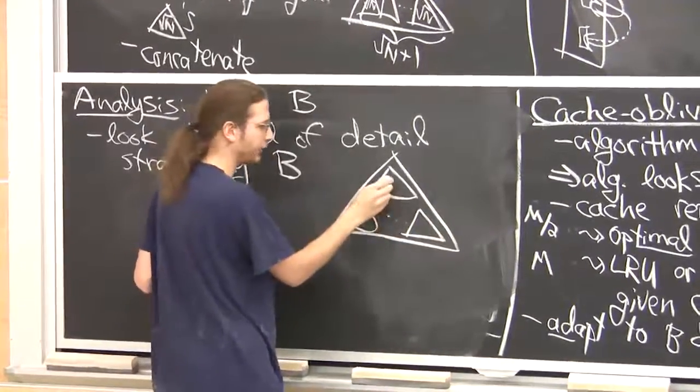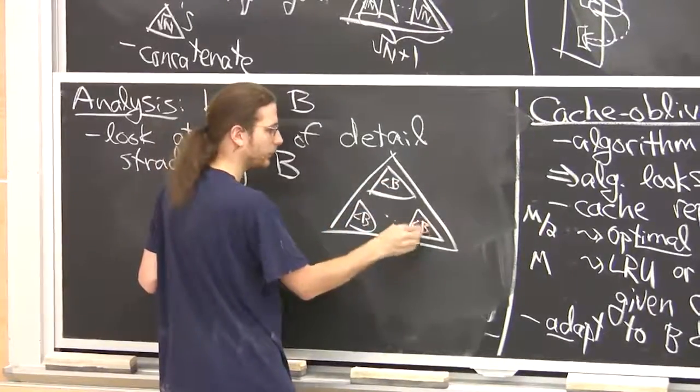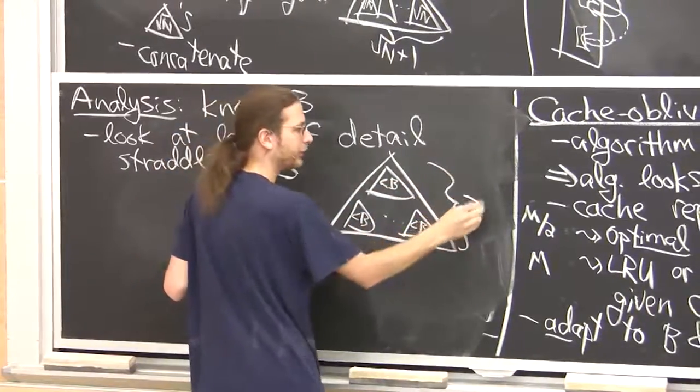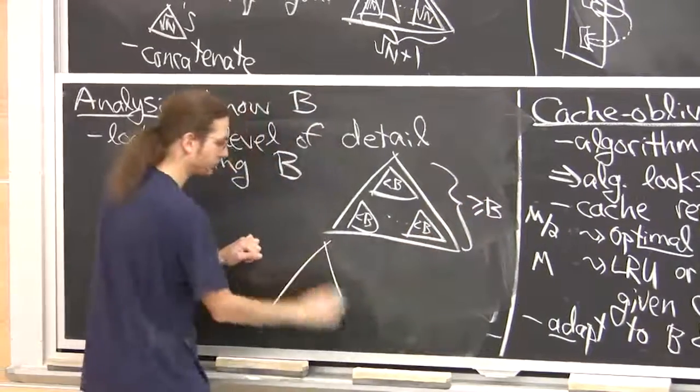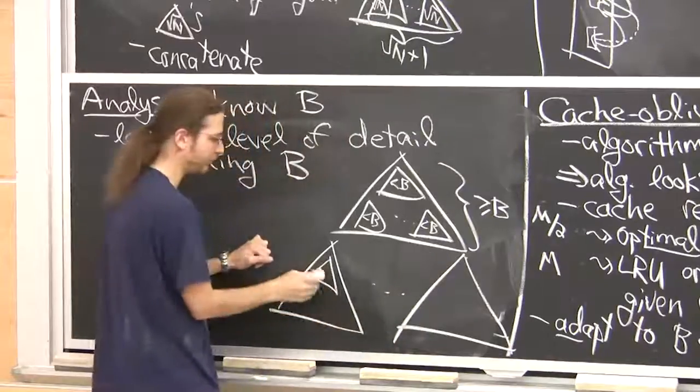These little triangles are going to be size less than B. But these big triangles are size greater than or equal to B. Okay, at some level of recursion, that happens.